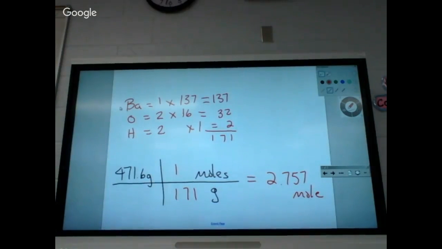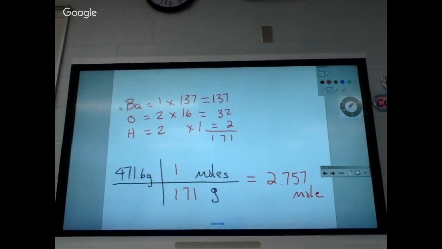Number 4, FeBr2. Number 5, SO2. Number 6, P2O5. Number 7, K2S. Number 8, Mn(MnO4)7. Number 9, SnO. Number 10, CCl4.